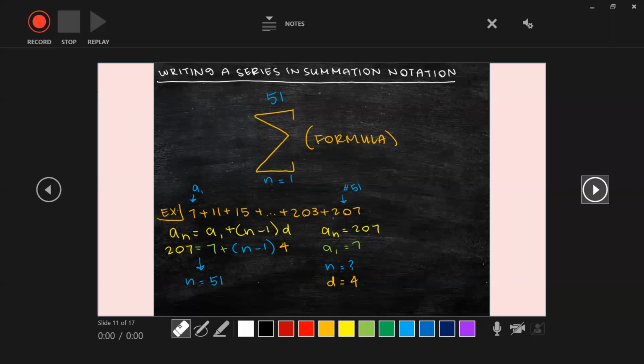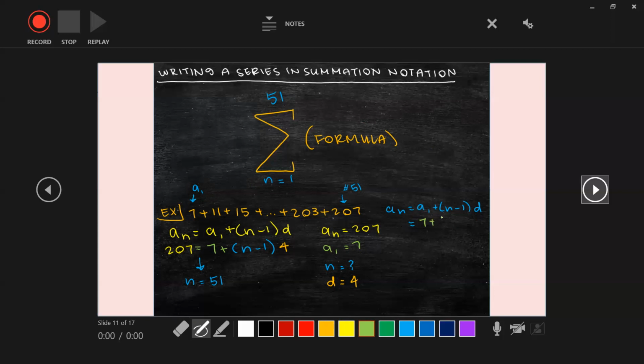So lastly, it looks like we're trying to find a formula. So you're going to come back and say a sub n is equal to a sub 1 plus n minus 1 times d. And we find our formulas by just substituting the things that we know on this right-hand side.